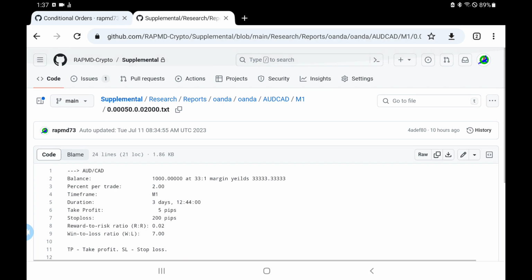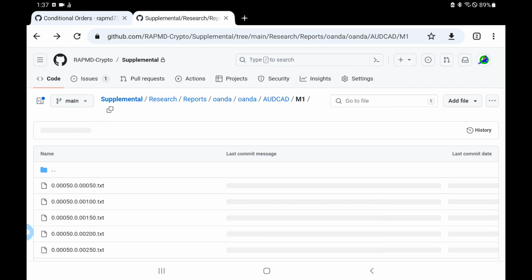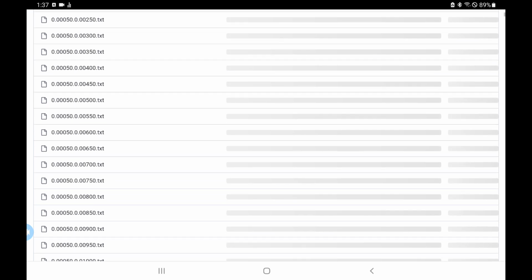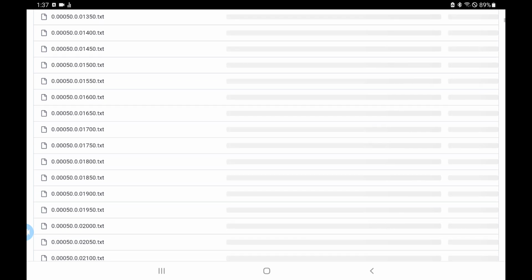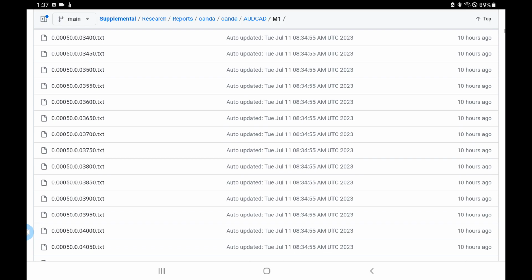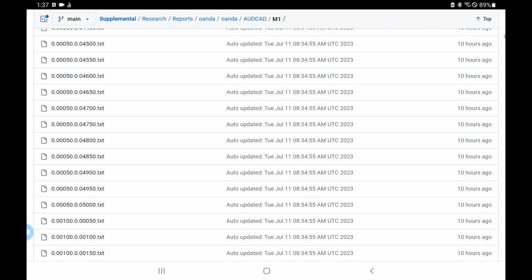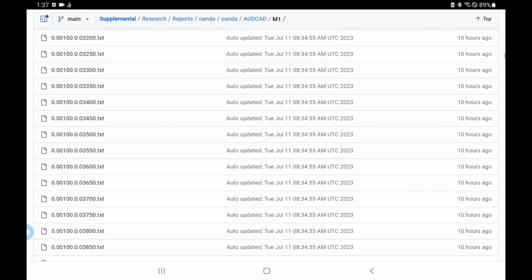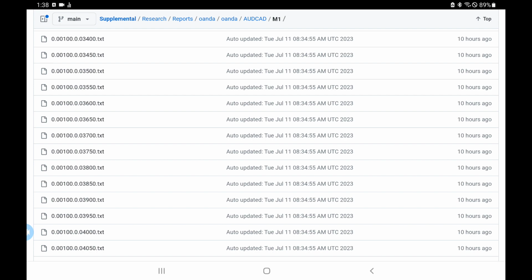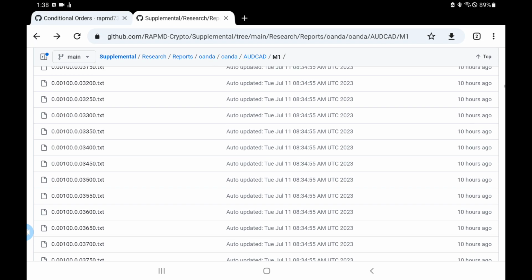For example, let's go to a more traditional approach, a 2-to-1.